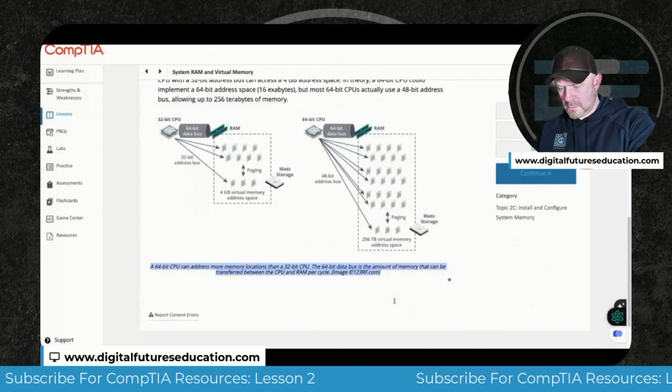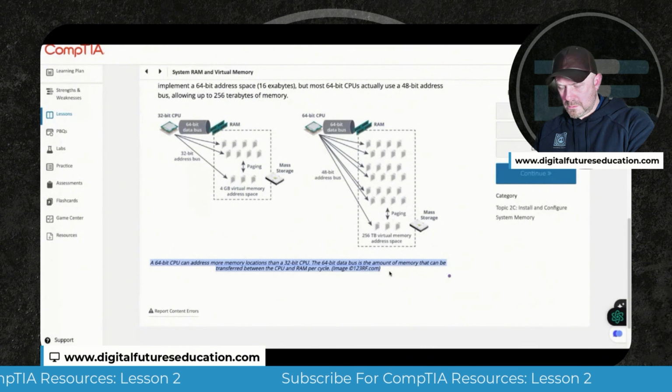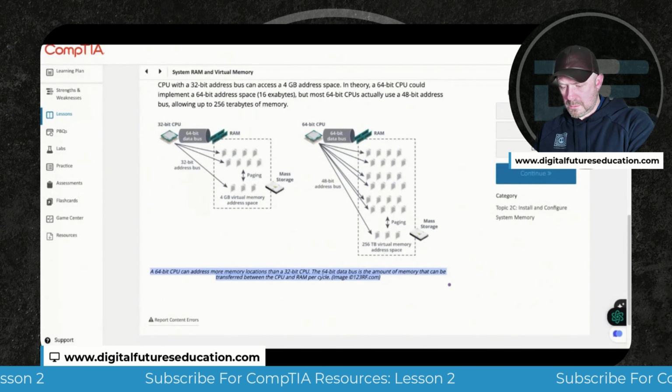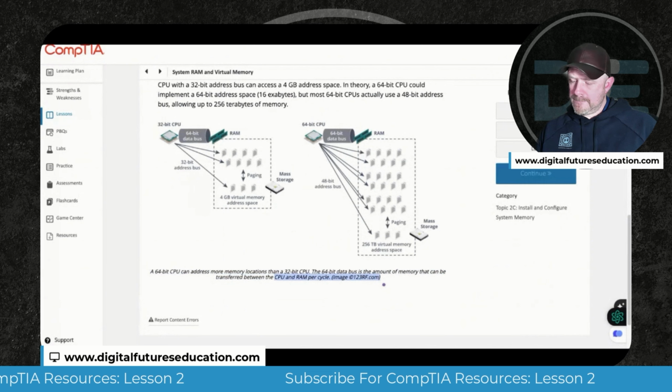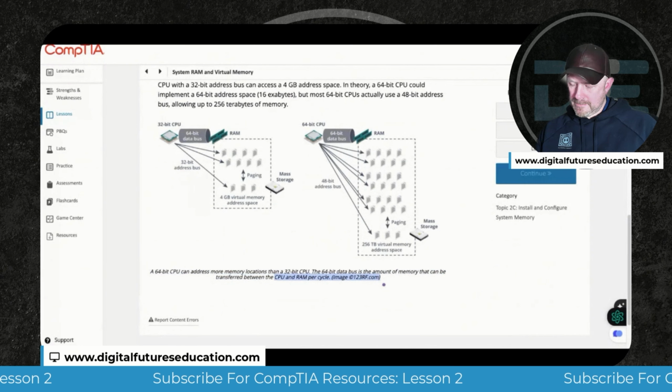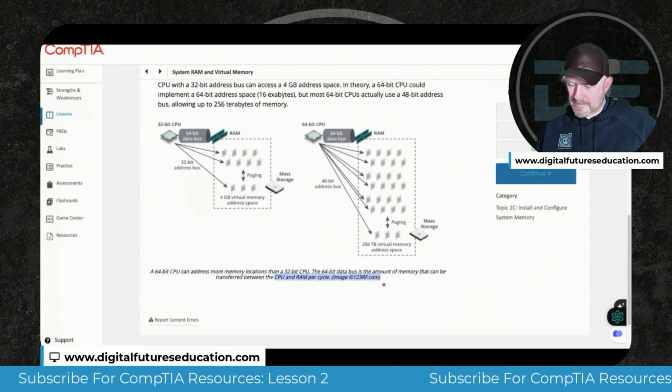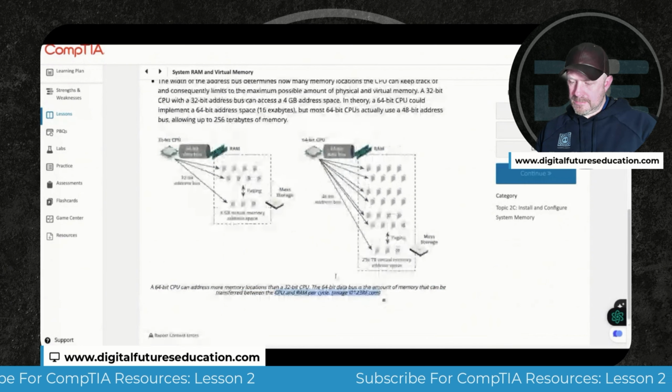The 64-bit data bus is the amount of memory that can be transferred between CPU and RAM per cycle. And that's the point: CPU and RAM per cycle. So how well is the CPU functioning with the RAM? And specifically, as we're talking about the space, memory controllers are what's giving it power.